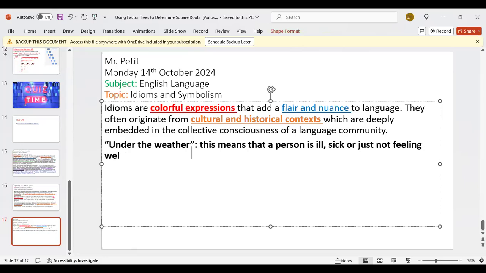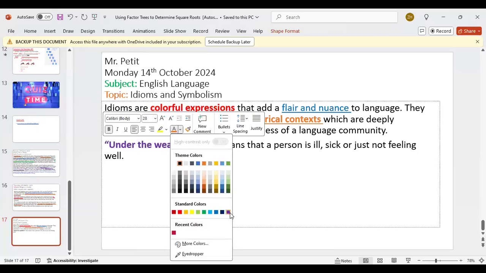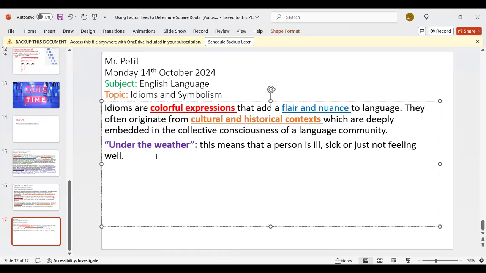This is a perfect example of an idiom, because if you take it literally, you will be in plenty of problems. Why would they say under the weather? It's just an idiom, and it is understood that it means the person is sick or just not feeling well.